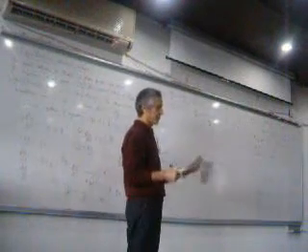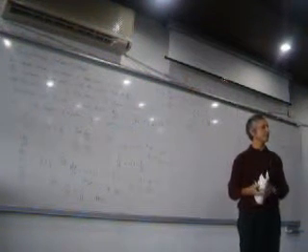Let me show you another example. Here's a second order system. What's the equilibrium? You're saying no matter what y is, it will stay there. But this says it's impossible actually.